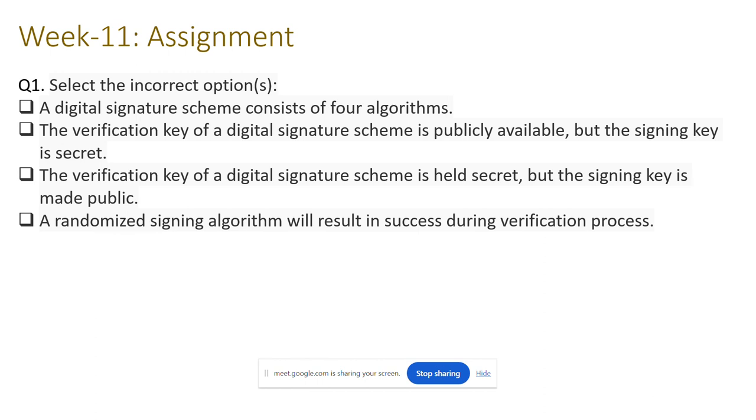Given a message M and a corresponding signature sigma, it cannot be the case that sometimes the verification algorithm for the same message M and signature sigma returns true, and in other cases you run the verification algorithm with the same message signature pair and get the answer as no. So that should not be the case. That's why the verification algorithm should always be deterministic, but the signing algorithm of course can be randomized, right? Okay, so proceeding to the next question.